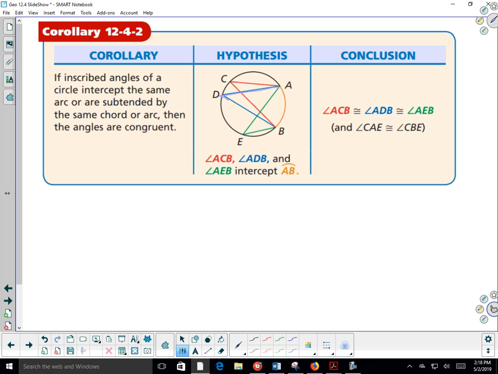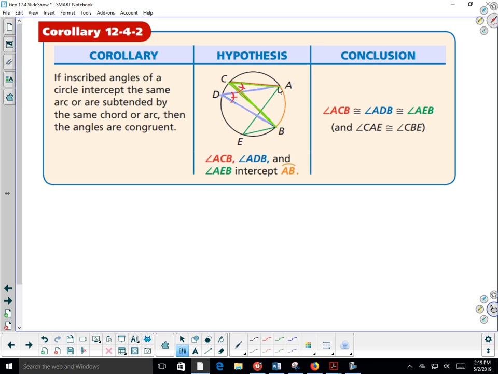I'll draw over angle ADB in blue here. And let's say we also have angle ACB that I'm drawing over here. These two angles that I drew are actually going to be congruent.